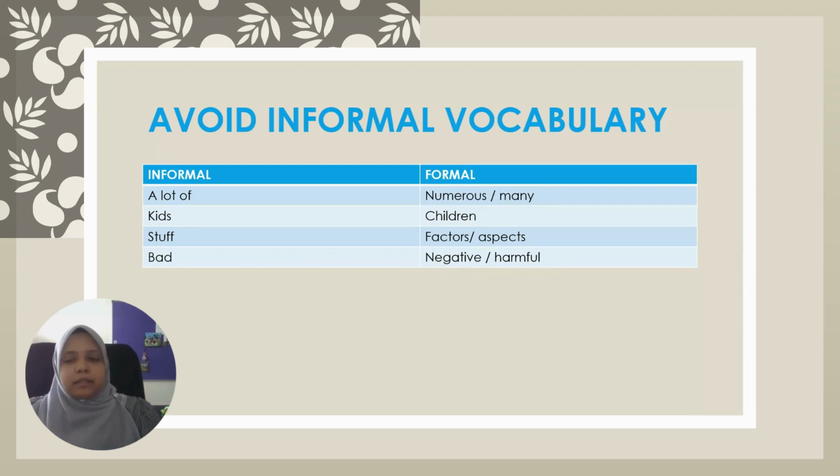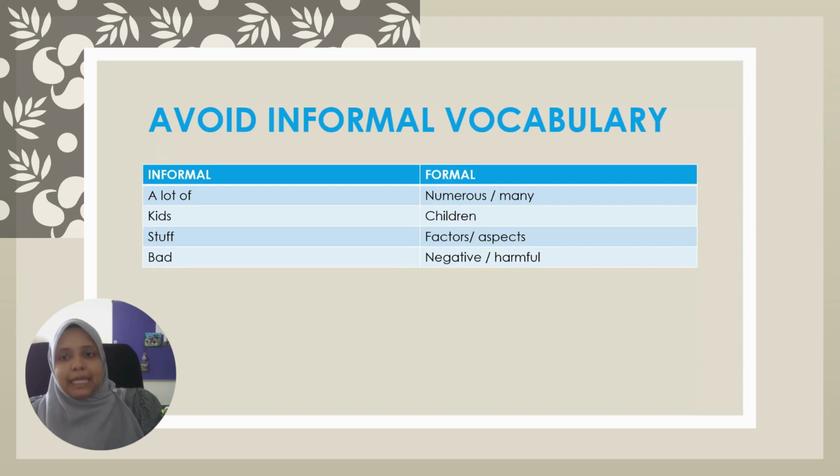For example, the sentence "Many kids use social media for different stuff." This sentence contains several informal words. A more formal version would be "Many children use social media for various purposes."